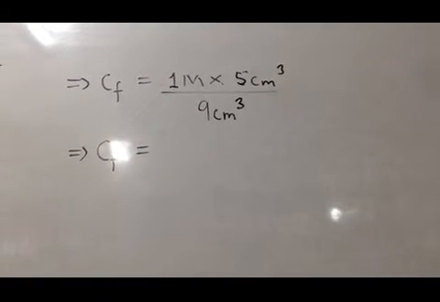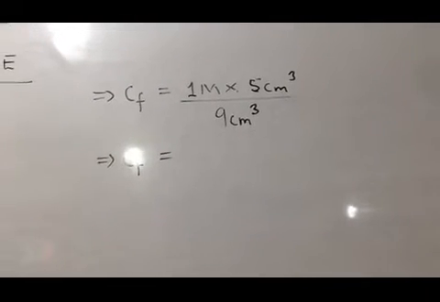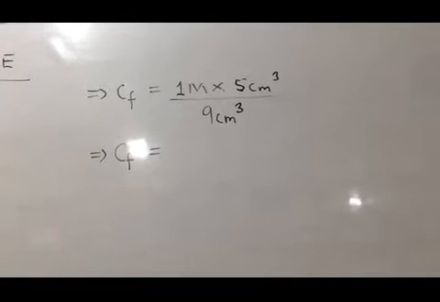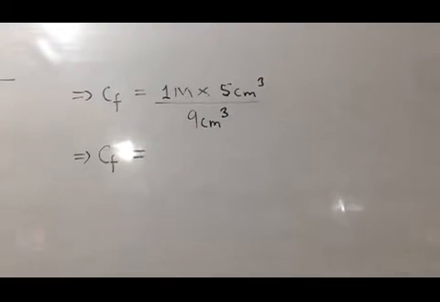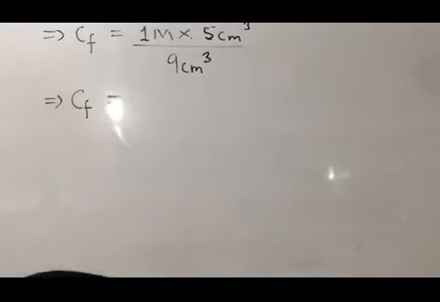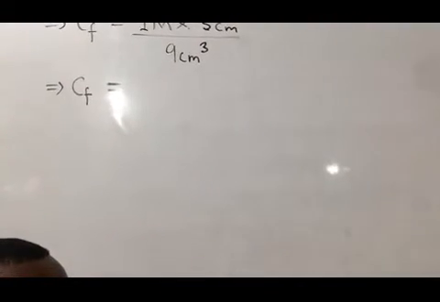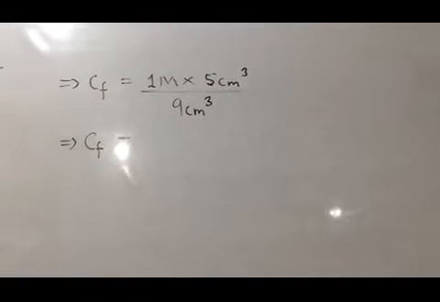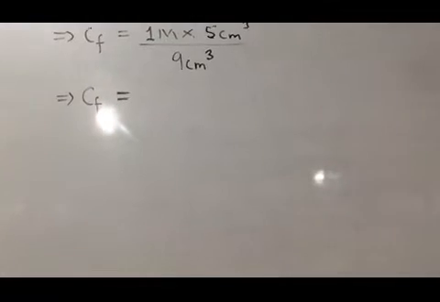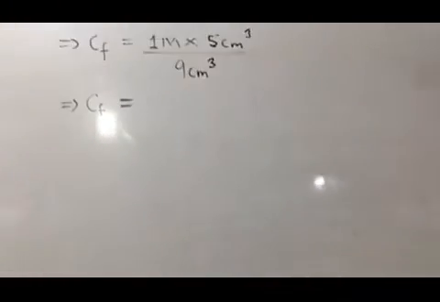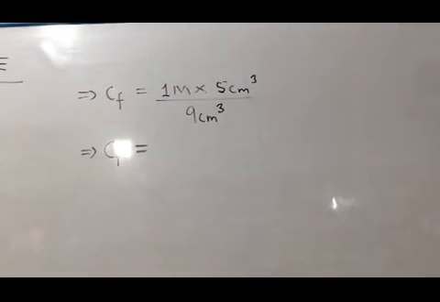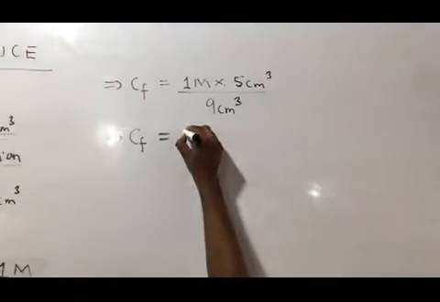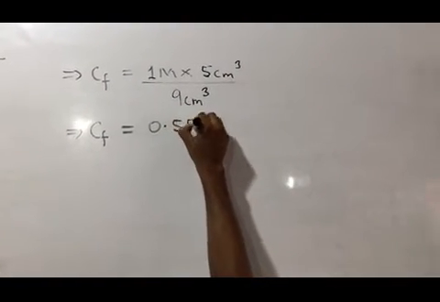When you punch it into your calculator, that gives you 5 over 9, which is 0.5555.